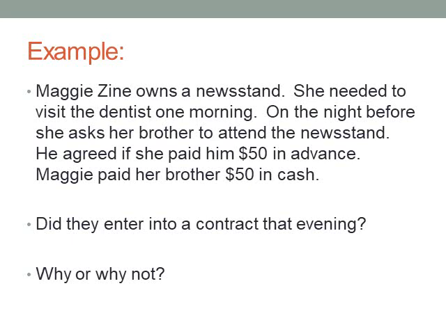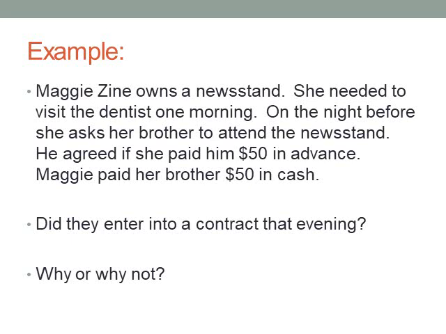I would say that they did. If we use the objective person standard, what would a reasonable person under the circumstances conclude? Did Maggie rely on her brother? Well, she paid him $50 in advance, so she intended that he would be attending the newsstand the next morning.